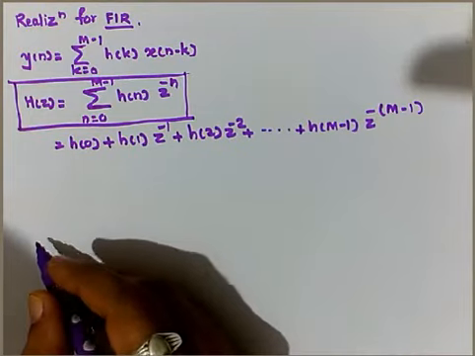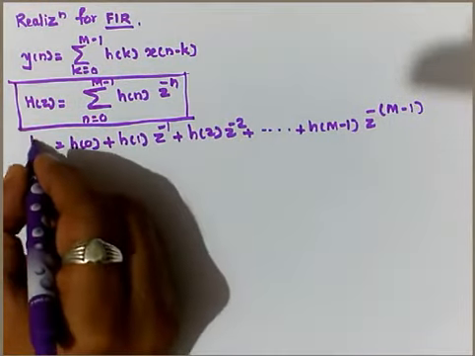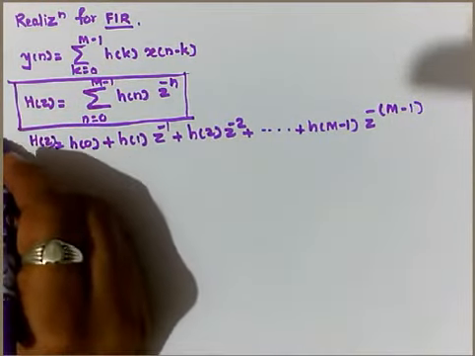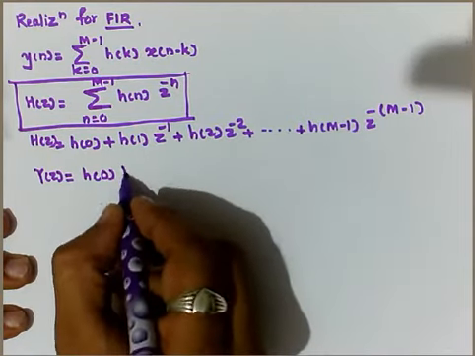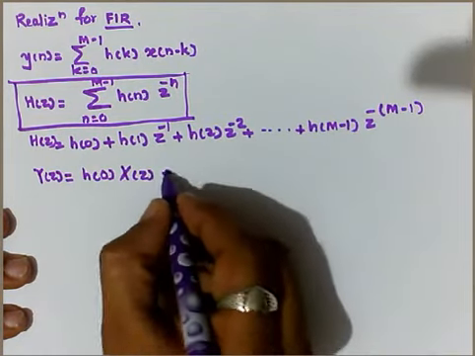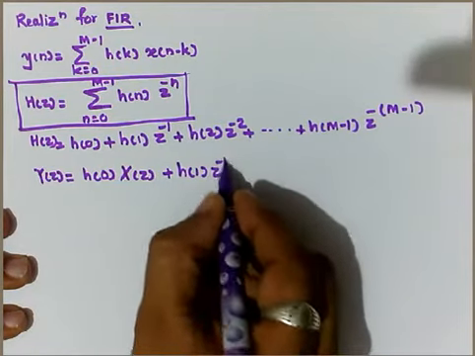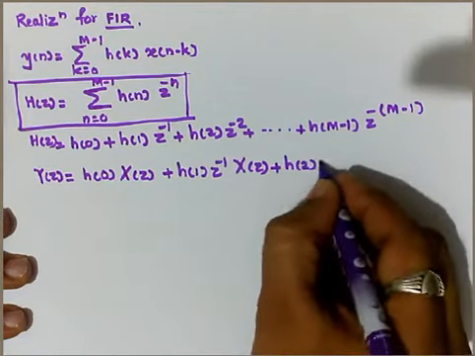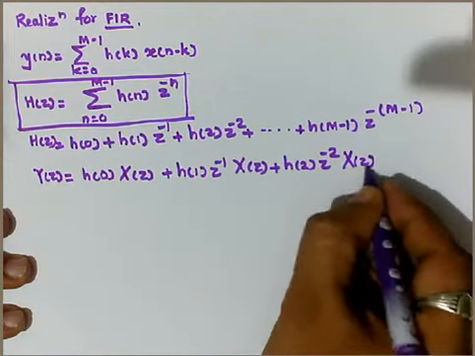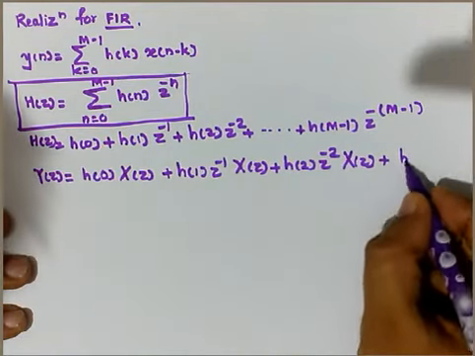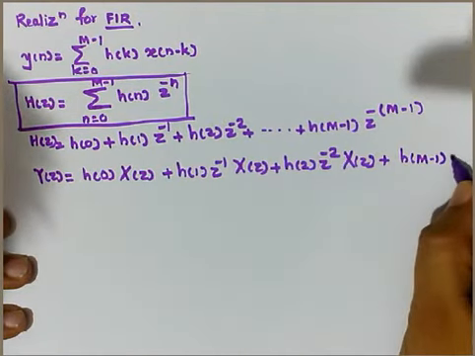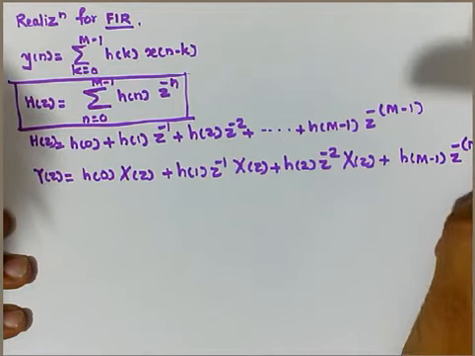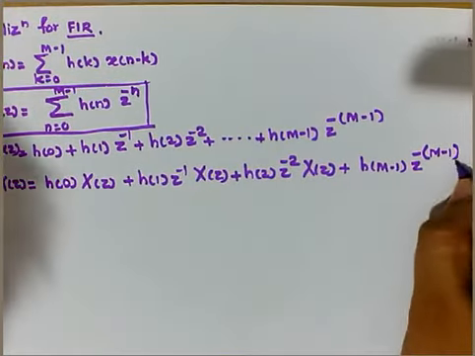Once we have this, since H of z is nothing but Y of z by X of z, we can write Y of z as h of 0 into X of z, plus h of 1 z inverse X of z, plus h of 2 z raised to minus 2 X of z, and so on up to h of m minus 1 z raised to minus of m minus 1 X of z.